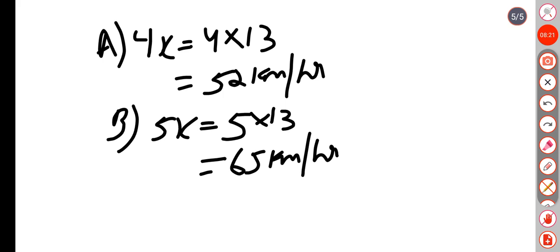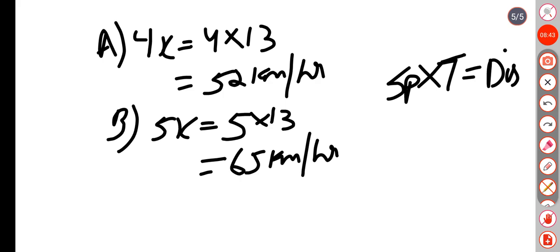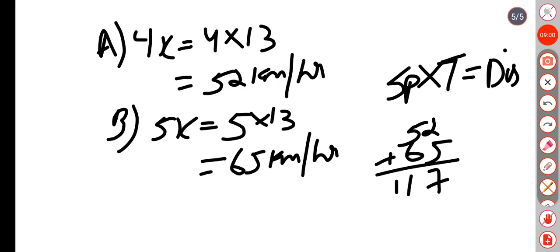And after that, the question says find the distance between Chennai and Delhi. Now we have to find the distance. Now you know the formula of distance, that is speed into time is equal to distance, right? So we got the speed. How much is the speed? 52 plus 65, 117.